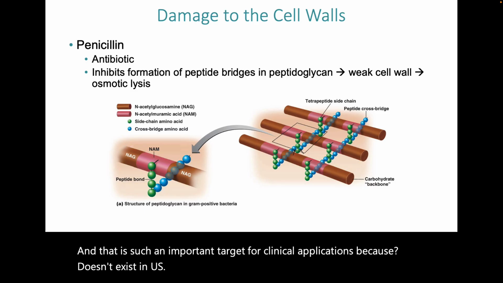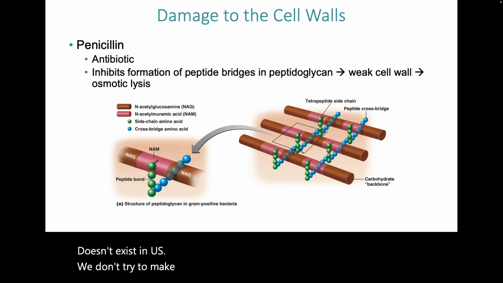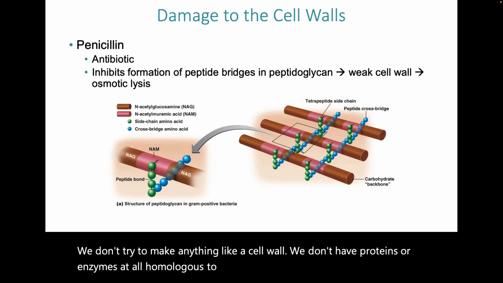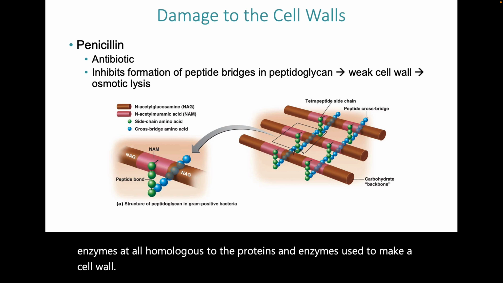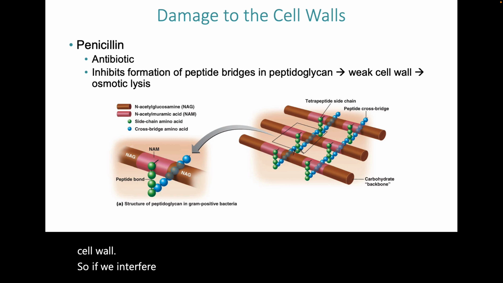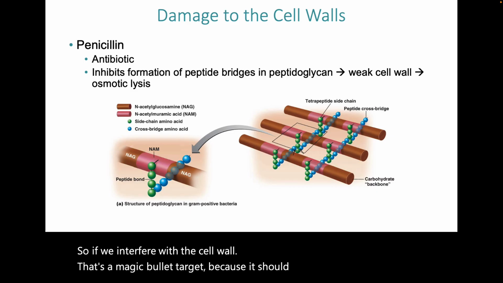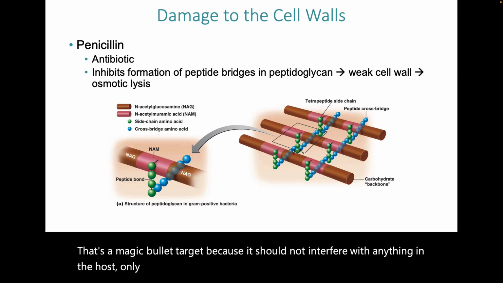We don't try to make anything like a cell wall. We don't have proteins or enzymes at all homologous to the proteins and enzymes used to make a cell wall. So if we interfere with the cell wall, that's a magic bullet target because it should not interfere with anything in the host, only the microbes.